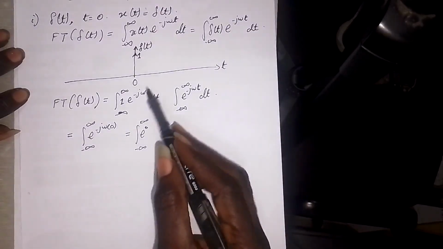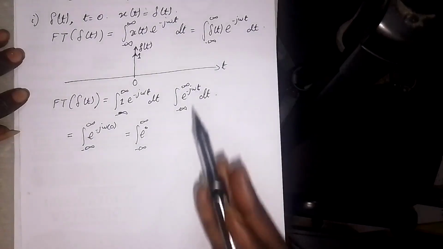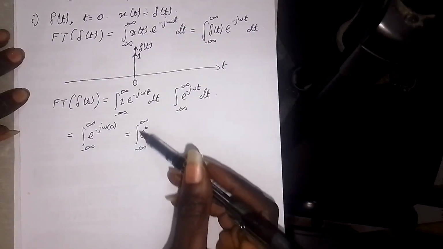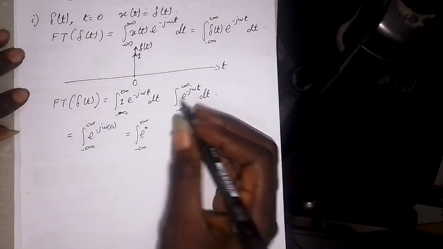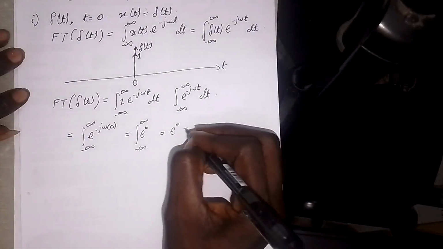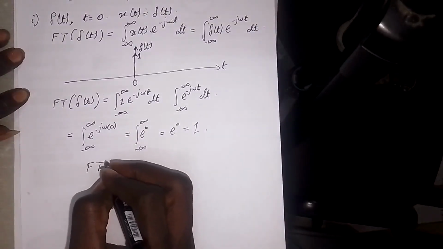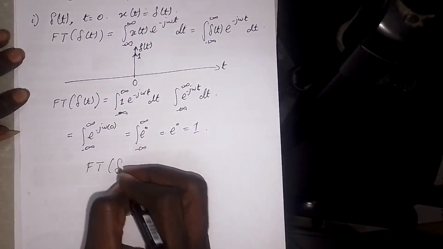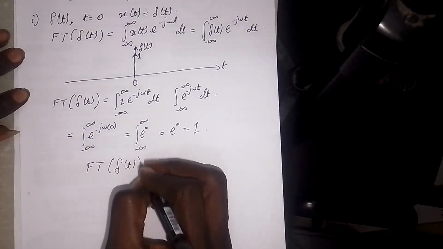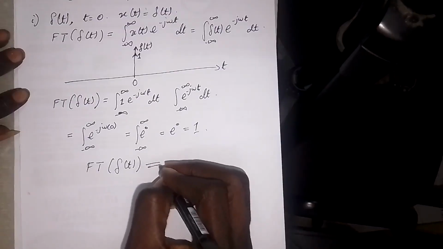Now, the signal occurs at only one specific instant, so it's not occurring from minus infinity to infinity. My minus infinity to infinity will not work at this particular place. So I must just write e to the exponent 0, which is equal to 1. So the Fourier transform of delta of t, which is the unit impulse, is equal to 1.